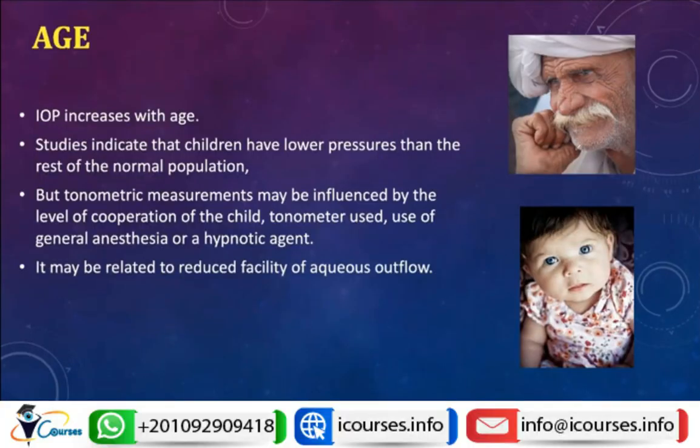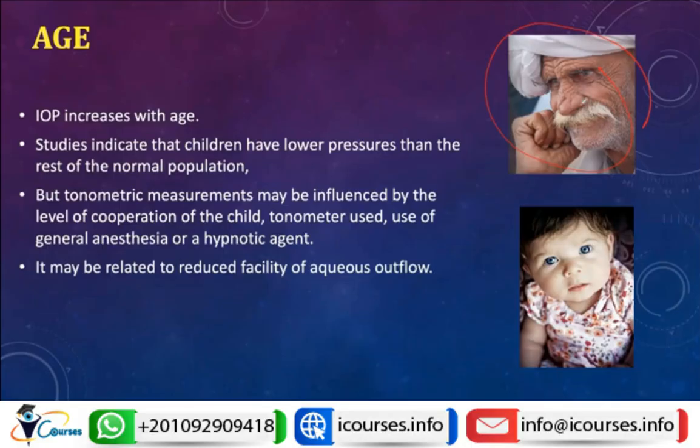Age is also an important factor because most primary glaucomas occur at an older age. At older age the trabecular meshwork accumulates much more debris and cells, so it is clogged and closed, and no longer able to drain the aqueous.